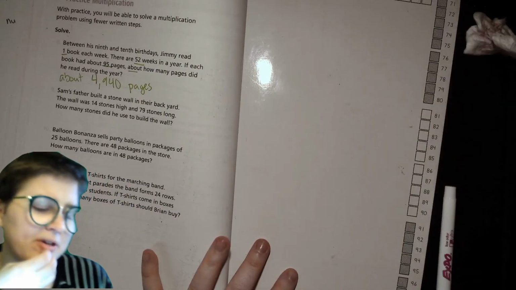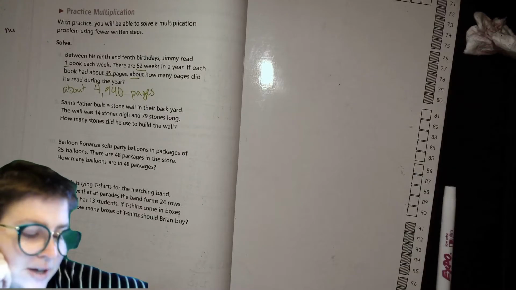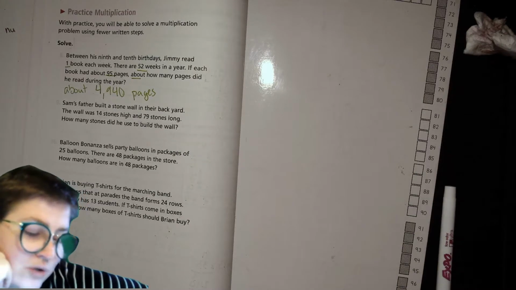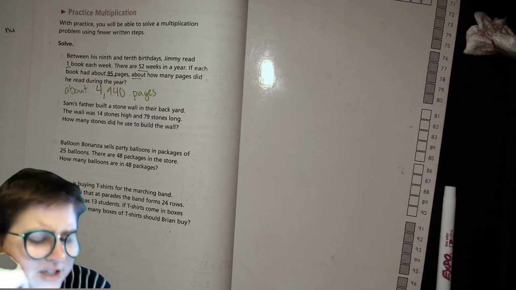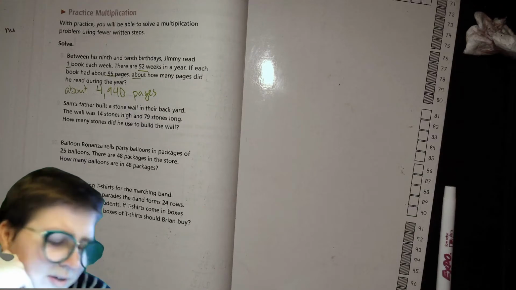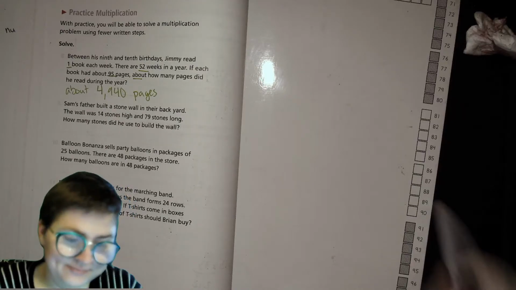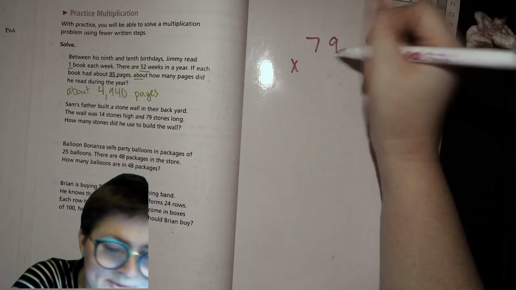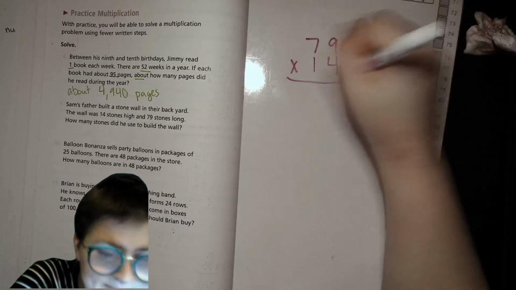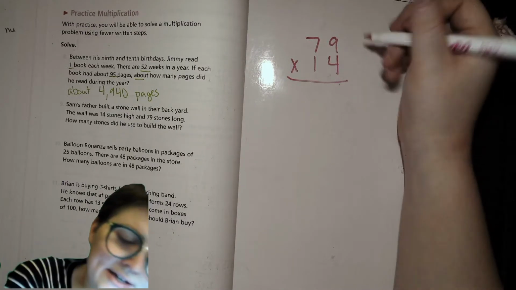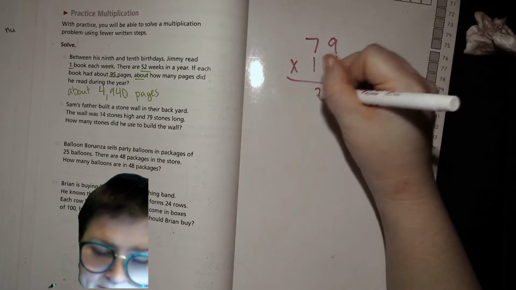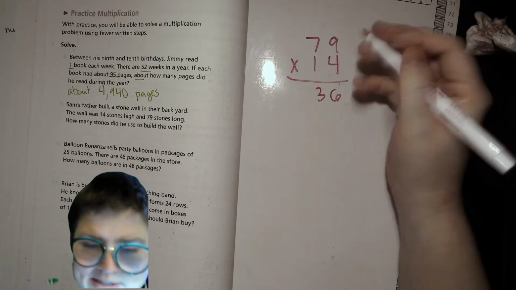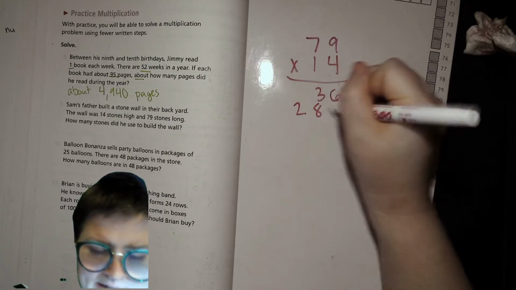Sam's father built a stone wall in their backyard. The wall was 14 stones high and 79 stones long. How many stones did he use to build the wall? 79 times 14. 9 times 4 is 36. 70 times 4 is 280.